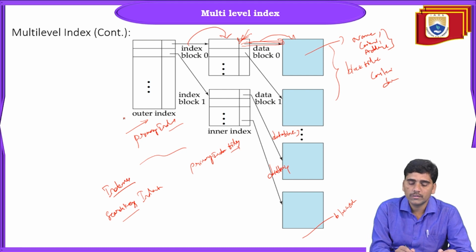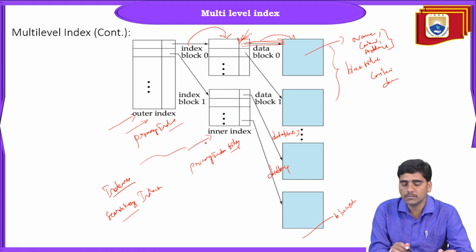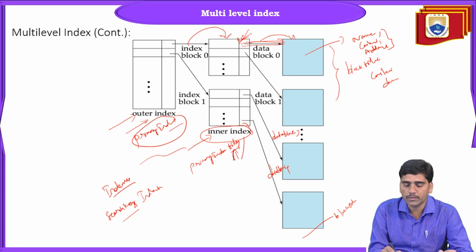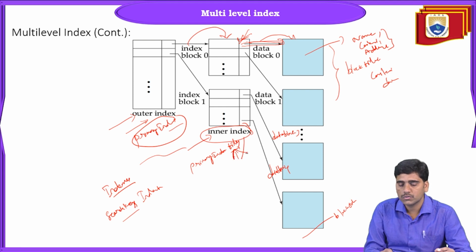Here it is represented as both outer index and inner index. The outer index maintains primary indexes, and each inner index maintains primary index files, which contain search key values.